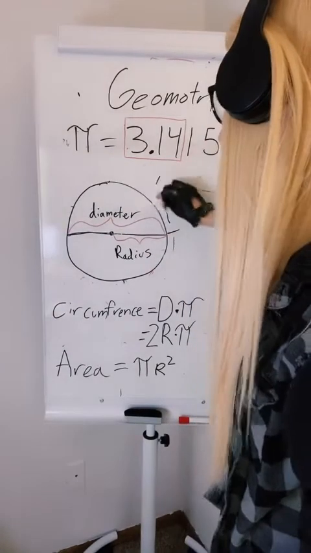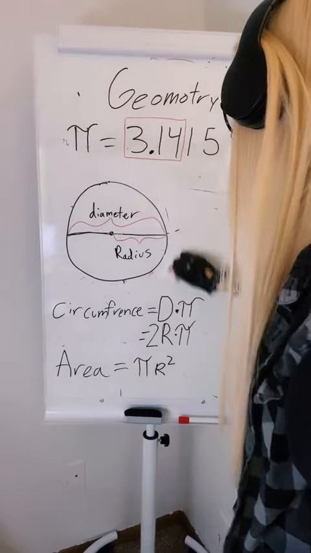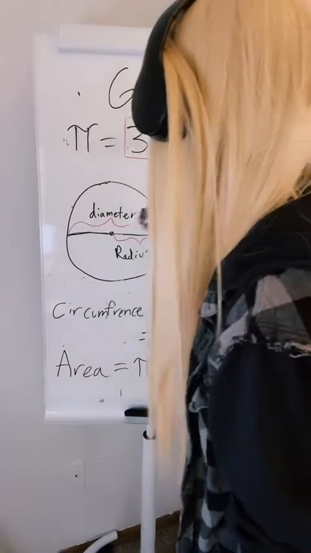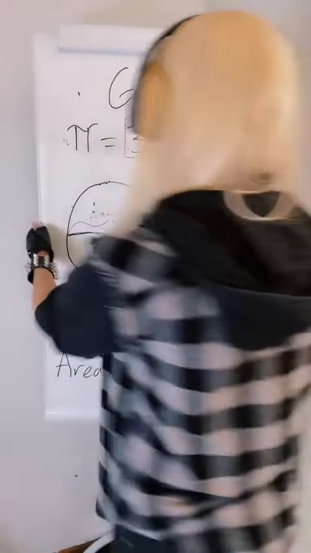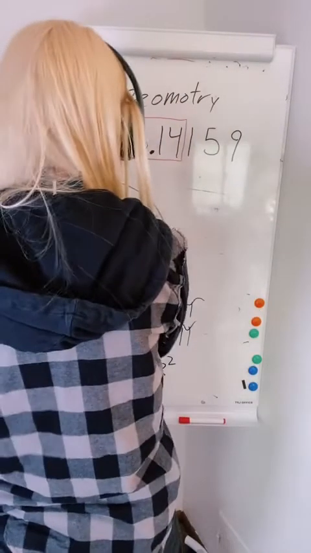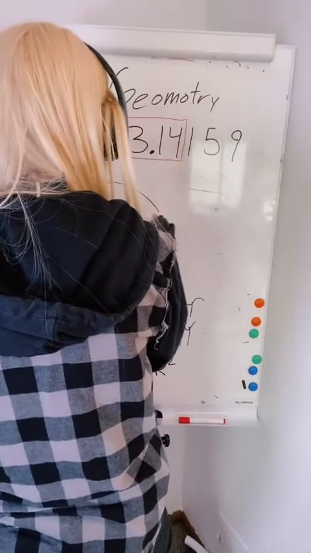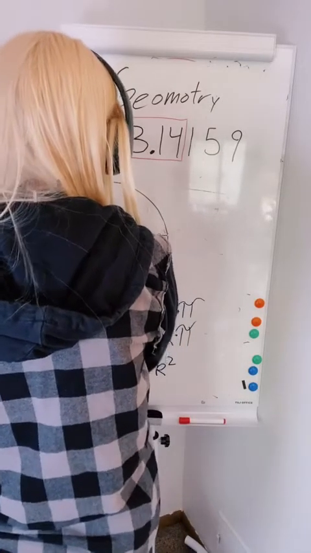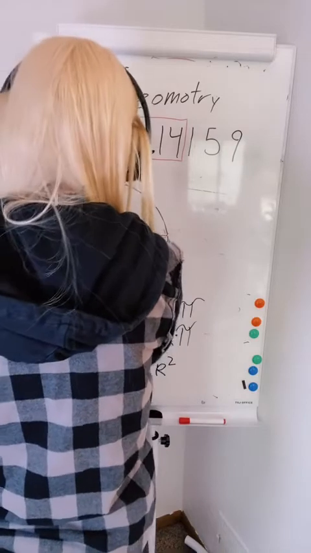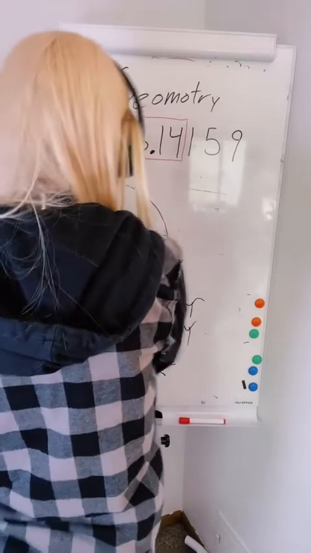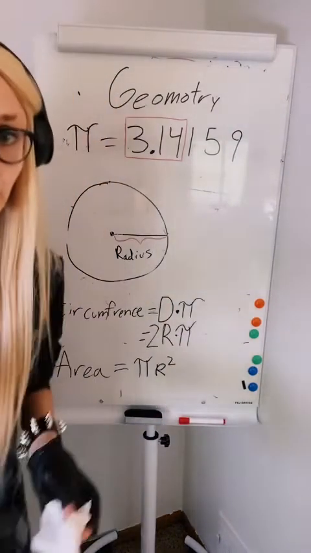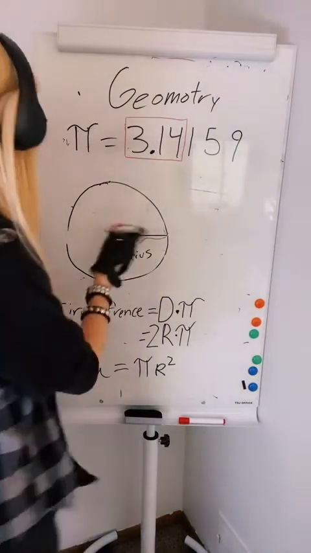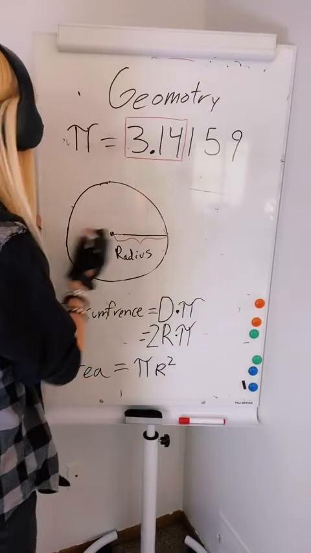Let me get up and erase some things on my circle for you quick. The way you can remember that it's pi r squared is, let's think about what we're actually doing here.